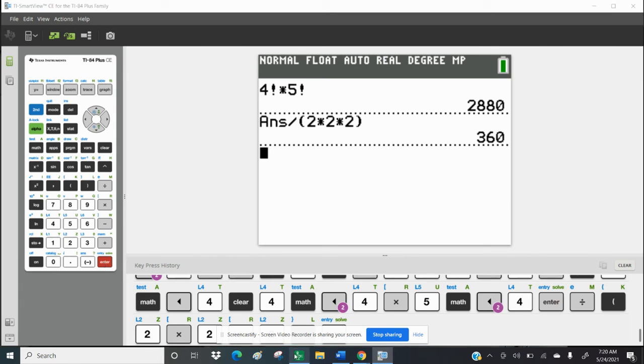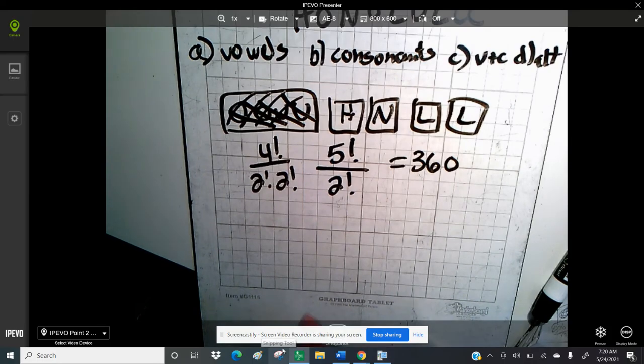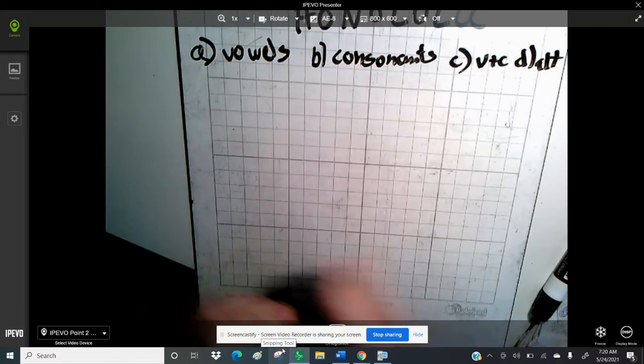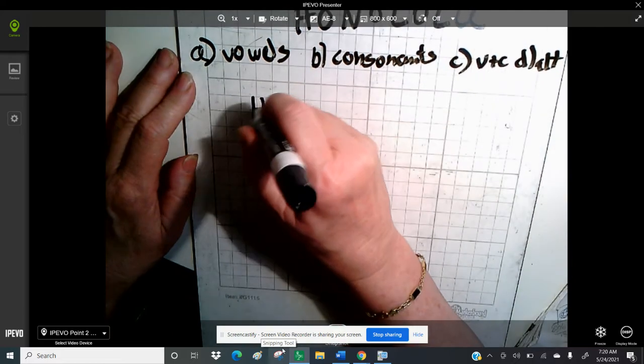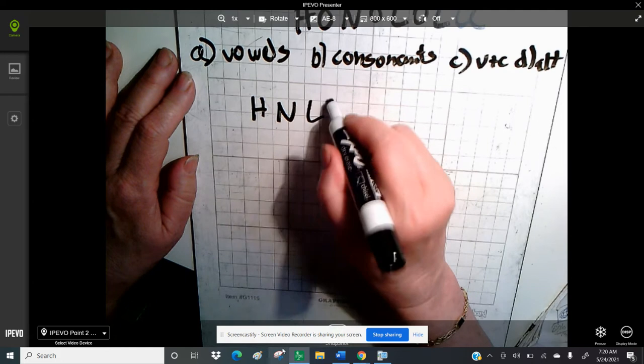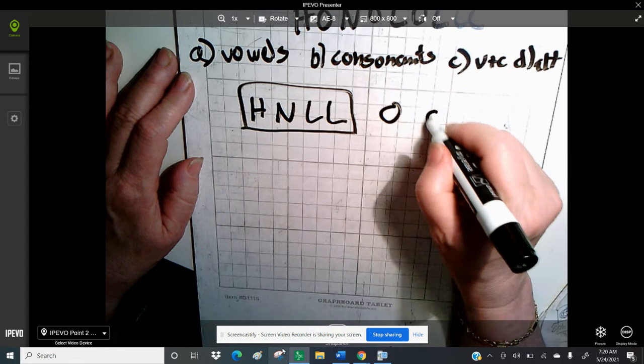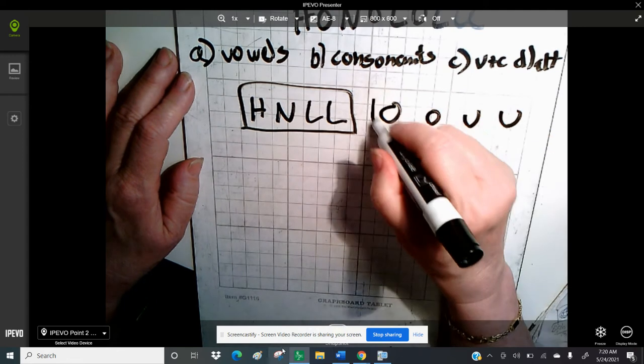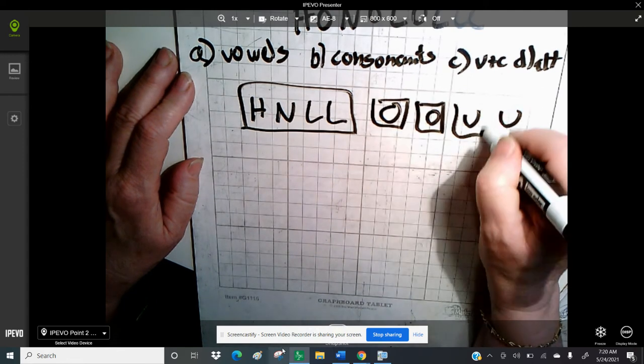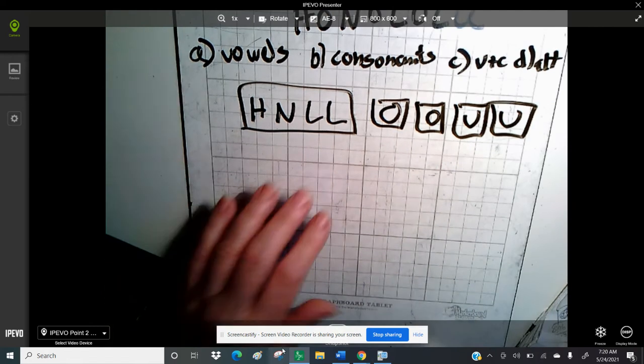Now, how many ways can I do it so that the consonants are together? So now I have H, N, L, L have to be together. And then I have O, O, U, U, and they're going to be in their own little individual boxes because they do not have to be together.